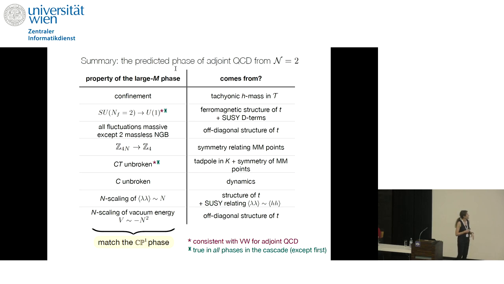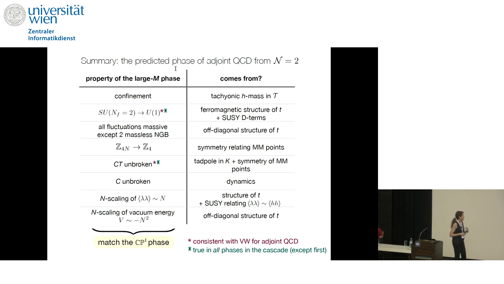And I've told you so far in this talk about several interesting properties of this phase and how they come out of the supersymmetry breaking procedure. So I've told you about confinement and the continuous chiral symmetry breaking pattern and the massless spectrum in this predicted vacuum. However, there are many other interesting properties that you can extract from this model.